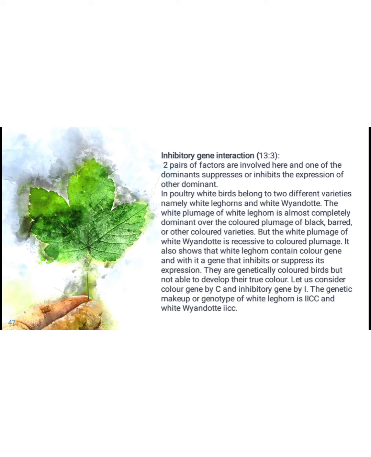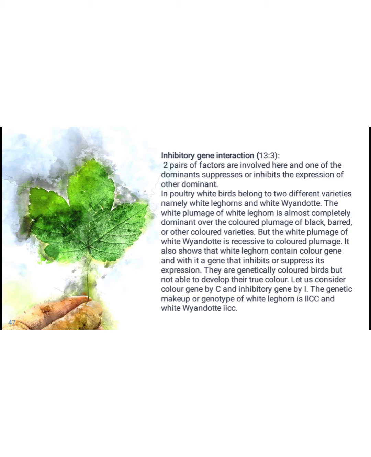Let's see, in poultry birds there are two varieties. First is the White Leghorn and the second is the White Wyandotte. The white plumage of the White Leghorn is almost completely dominant over the colored plumage of the other variety.